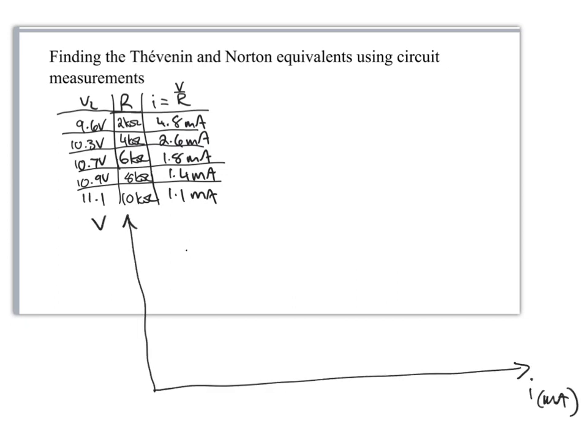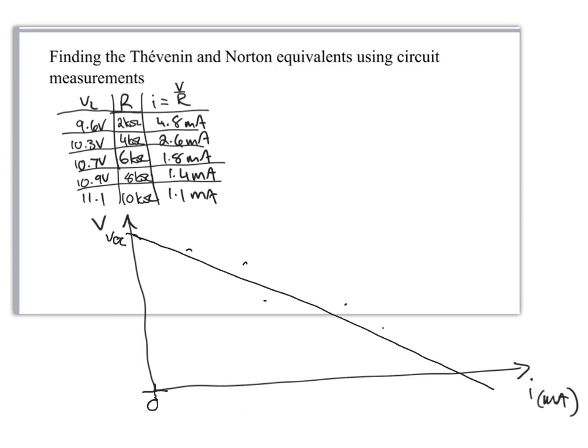And so we're going to plot those points, and we're going to do our best estimation of a straight line through all of those points. Now we know that where that line intersects the y-axis, the current is 0, so this voltage must be V open circuit.